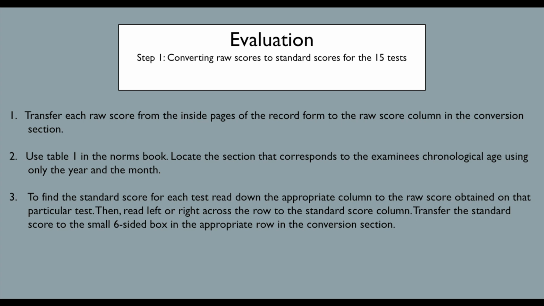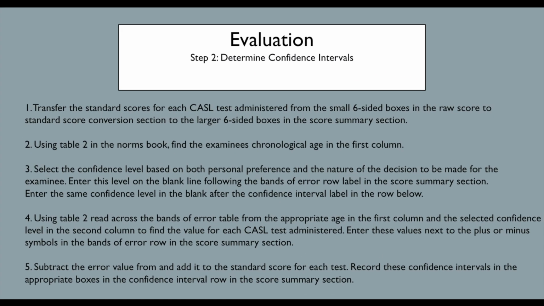And number 3, to find the standard score for each test, read down the appropriate column to the raw score obtained on that particular test. Then read left or right across the row to the standard score column. Transfer the standard score to the small 6-sided box in the appropriate row in the conversion section.